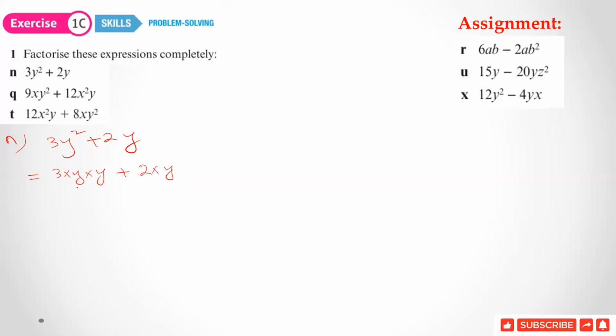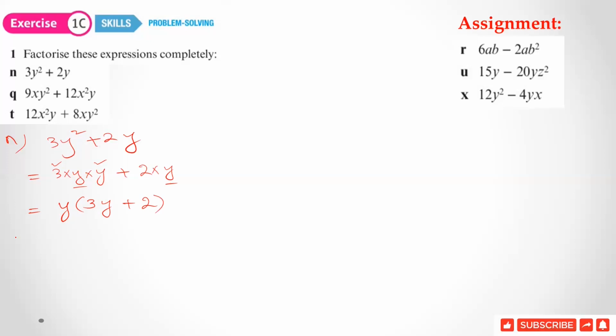We noticed that only one y is common. So we take y as common and write whatever is left in each term. 3 is left, so we write 3 times y, and we don't have to write a multiplication sign between these two. Plus 2, because y we have taken as common outside. So these are the factors of 3y square plus 2y.